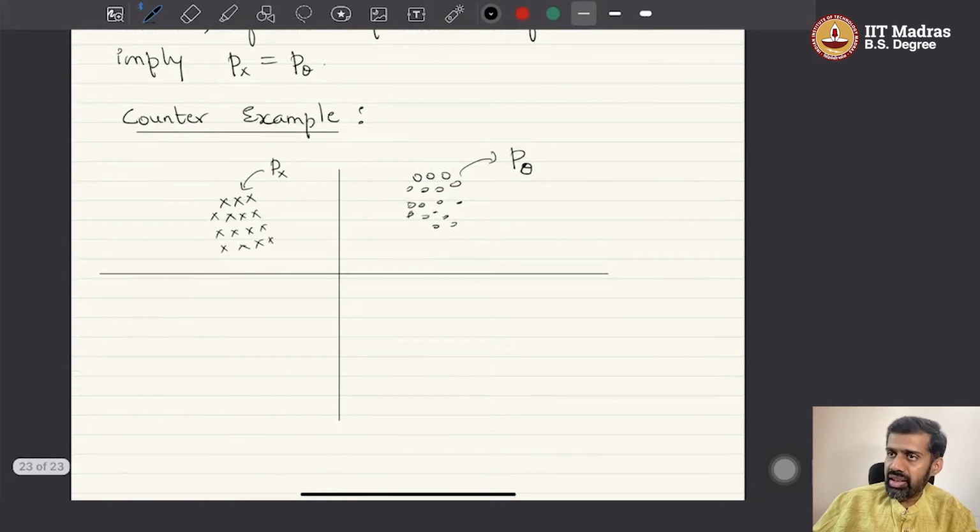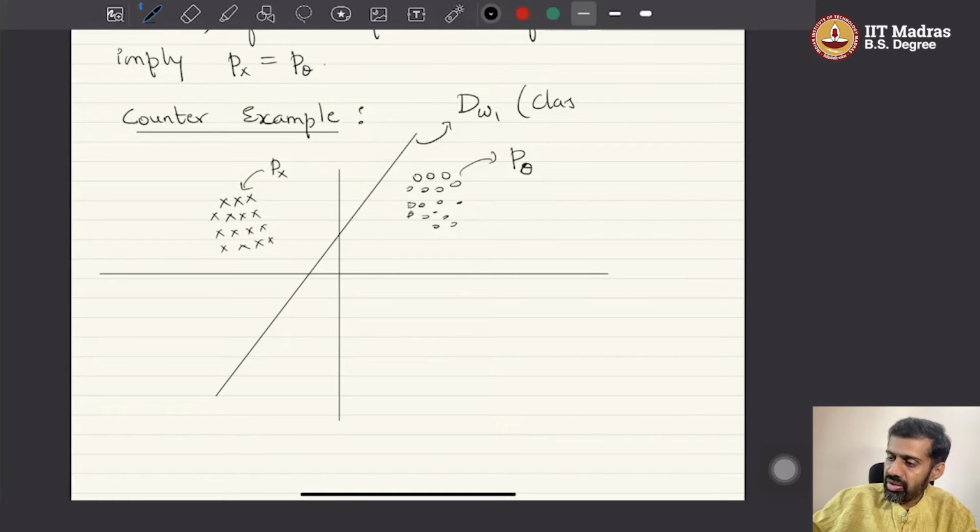Okay. Now let's say that there was a classifier. So this was the classifier that was initially there. Let's call it D_w1, which is the classifier that we had. Okay. Now what we are doing is we are tweaking the parameters of theta, okay, such that this classifier is failing. Now what do you mean by changing the parameters of theta? As one changes the parameters theta, this cluster moves around, because if one changes theta, p_theta changes and this moves around.